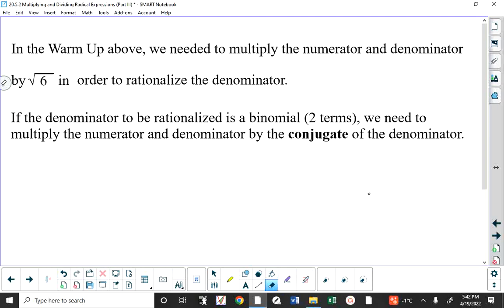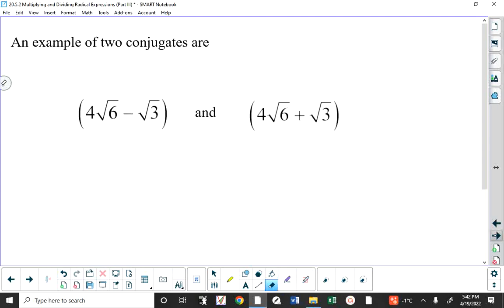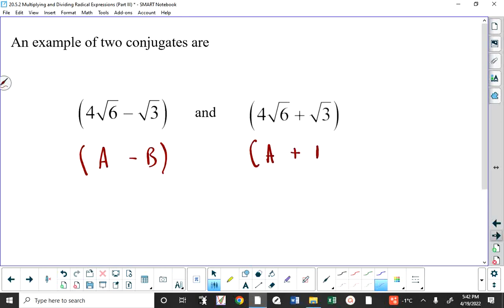Now, what is a conjugate? An example of 2 conjugates would be 4 root 6 minus root 3 and 4 root 6 plus root 3. So conjugates have a form where one of the binomials is a minus b and the other is a plus b.